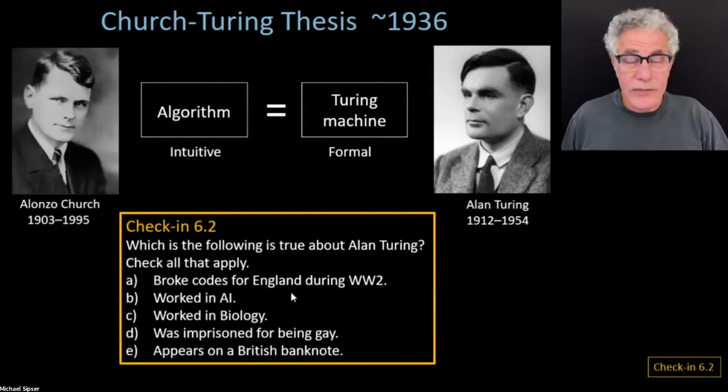You all do know that he was a code breaker. He was part of a team, I think he led the team, which broke the German code during World War II. The Turing test is a famous thing for how you characterize when you have an intelligent machine, so he definitely worked in AI. He worked in biology as well.